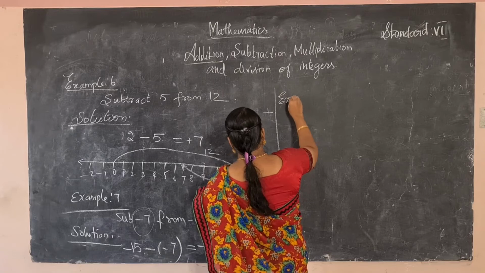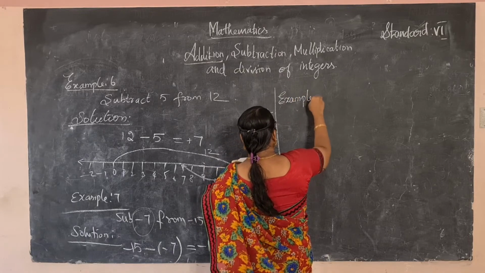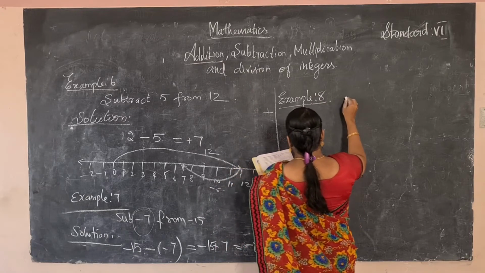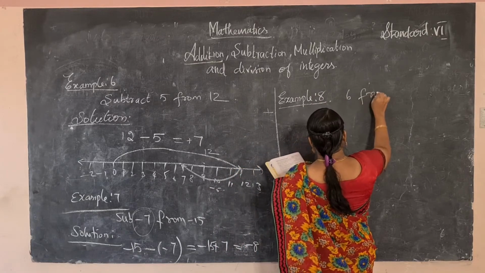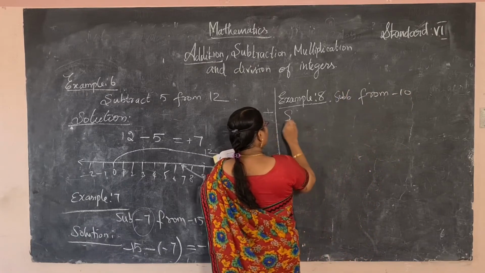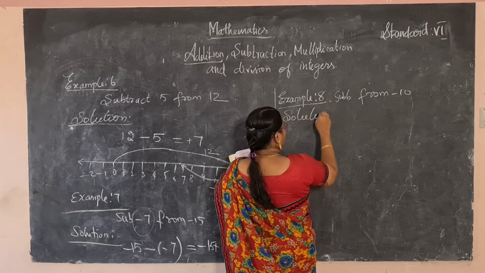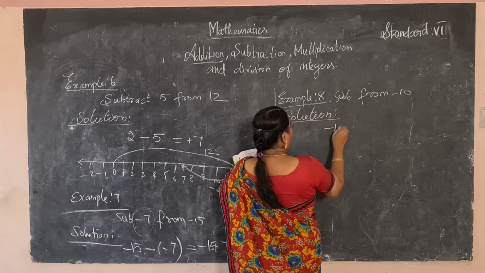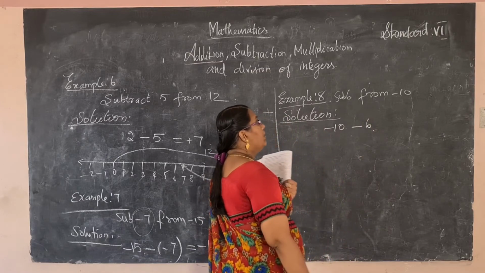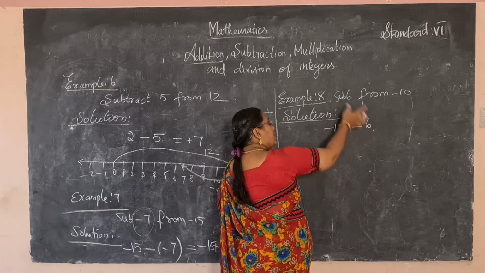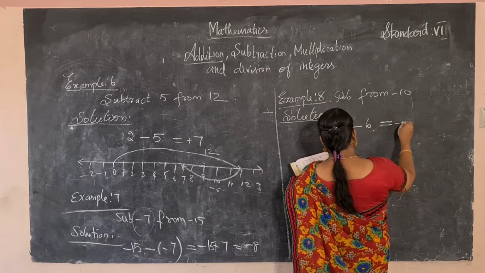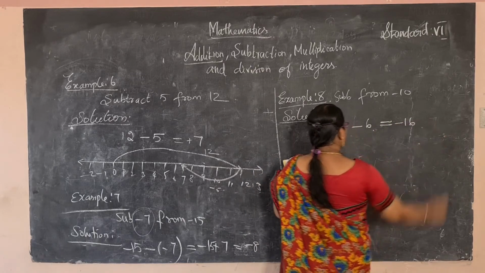Example 8. Subtract 6 from minus 10. So solution: minus 10 minus 6 is equal to, what do we do? Both have the same sign, so add and put the same sign. So minus 16 is the answer.